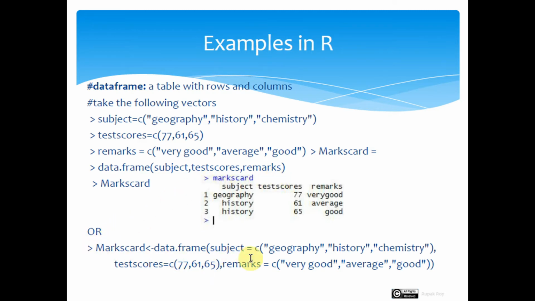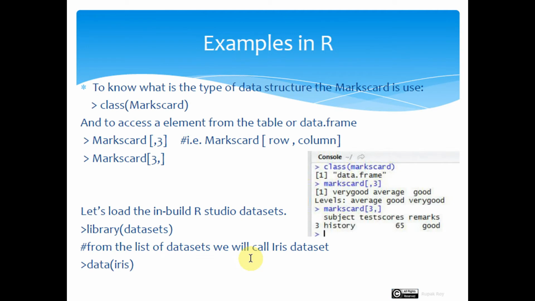To know the type of data structure of an R object, like the one we just created, marksCard, simply type class(marksCard), and to access the elements of marksCard, type marksCard, bracket, blank, then comma 3, that is in the format row comma column. We will now get the third column as the output.